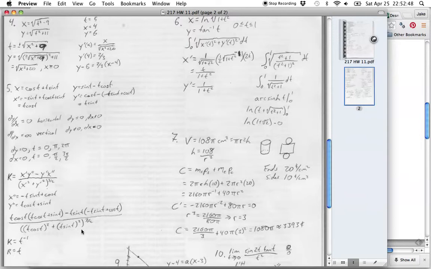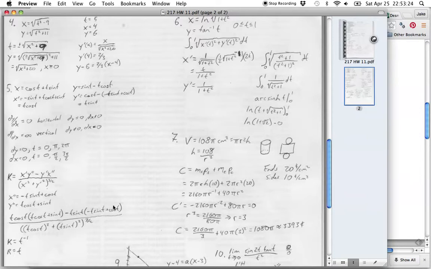Now the nice thing here is that you'll notice we'll have t squared cosine squared t here. We'll have plus t squared sine squared t here. So those two terms together, we've got a cosine squared plus sine squared. So that's going to be 1, and they each had a t squared. So we have a t squared there. And then we have this other piece here that's t cosine sine. And then here we have minus t sine cosine.